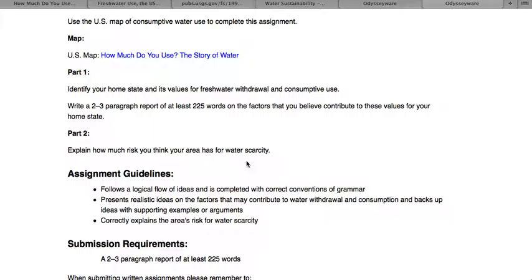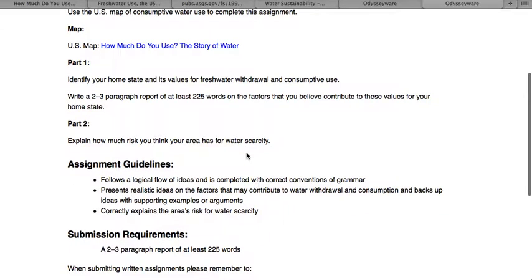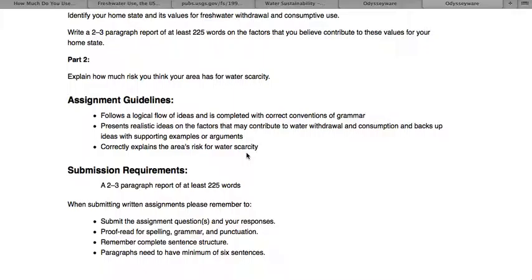Make sure you're using your sources and citing them within there. And then I'm going to be looking at whether you can correctly explain the area's risk, and whether you can synthesize that information. So again, 2 to 3 paragraphs, somewhere around 225 words.